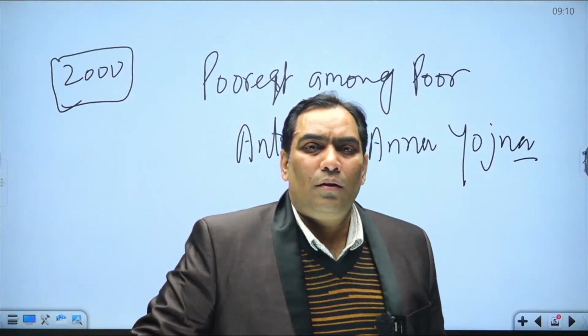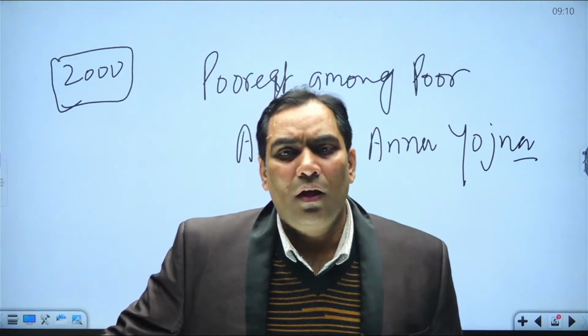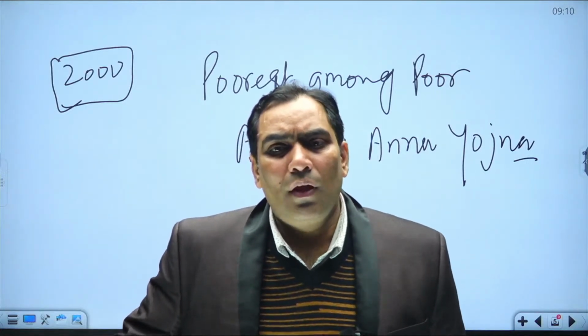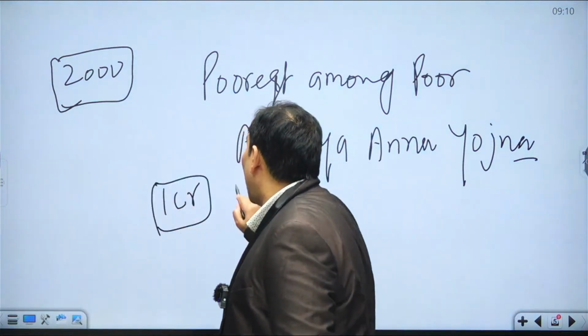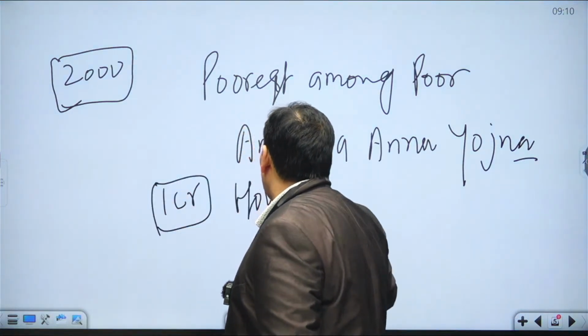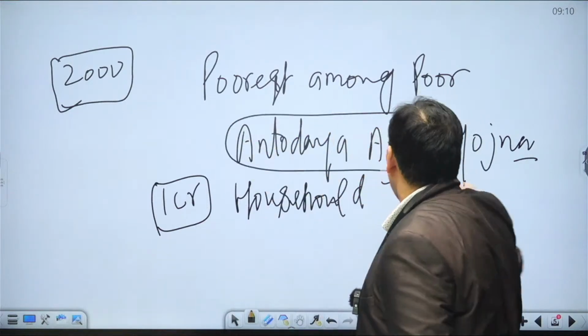In 2000, again we reformed targeted PDS and we identified the poorest among the poor. And we identified 1 crore households, be very clear, 1 crore households under this Antyodaya Anna Yojana.